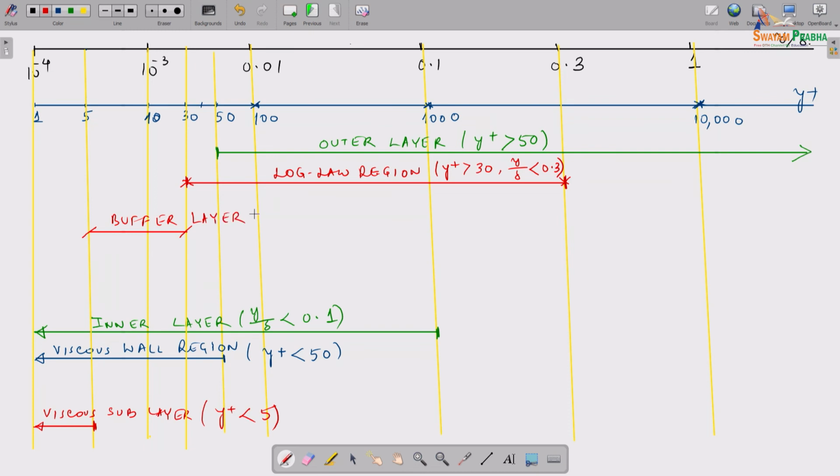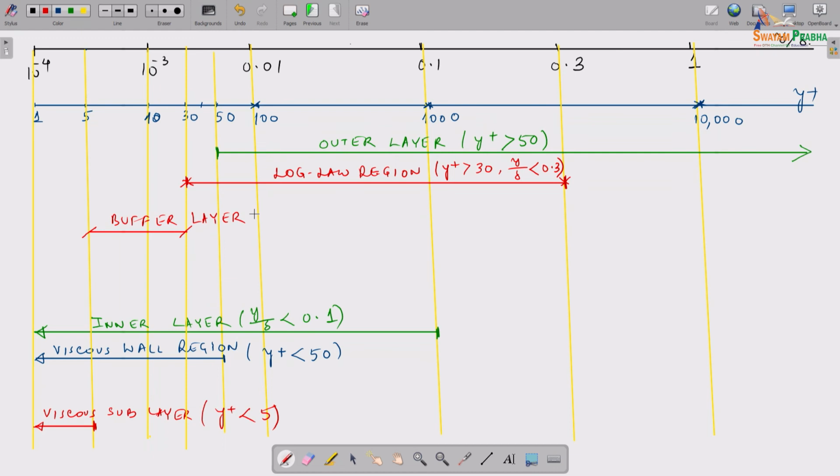When the domination of viscosity decreases, turbulence comes into play. Okay, so that's the buffer layer. Then we also have the overlap region, which is greater than 50 and less than 0.1. Now this buffer layer is between the transition.